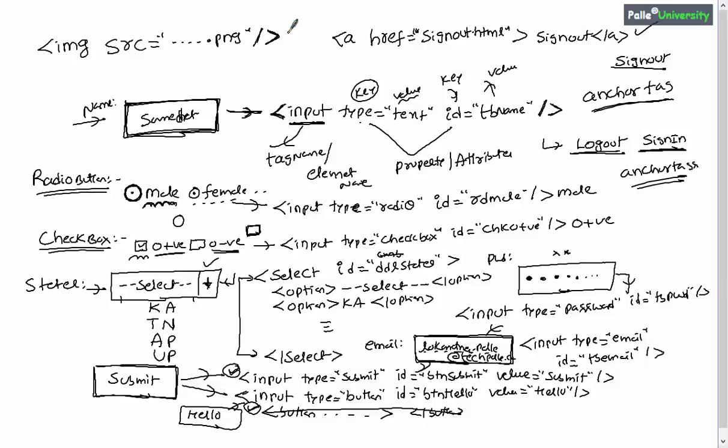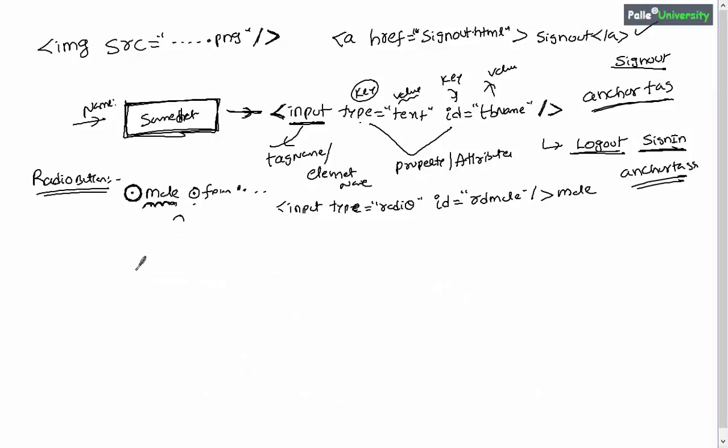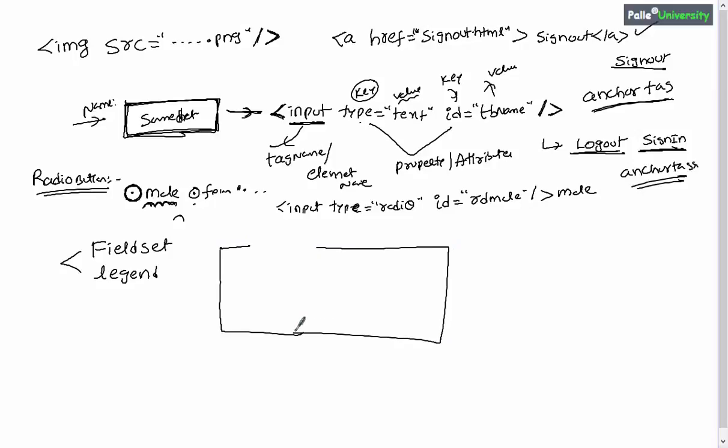Apart from all these things, I would like to explain one more tag called fieldset, and then the legend tag. I will explain two tags, fieldset and legend. In many websites you will observe a rectangle box something like this, and in the top line you will observe some gap, and in the gap you will observe some text. Let us say some text over here.